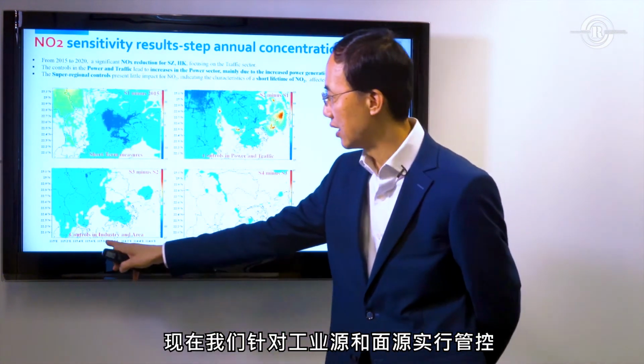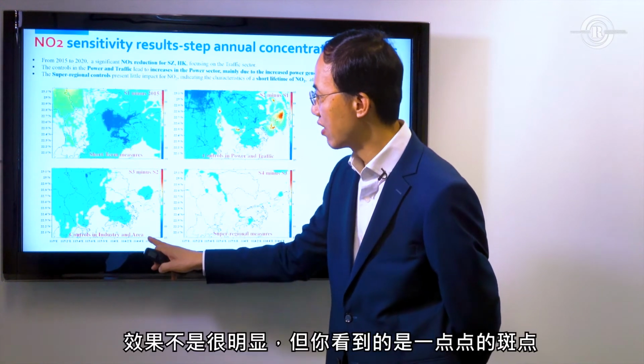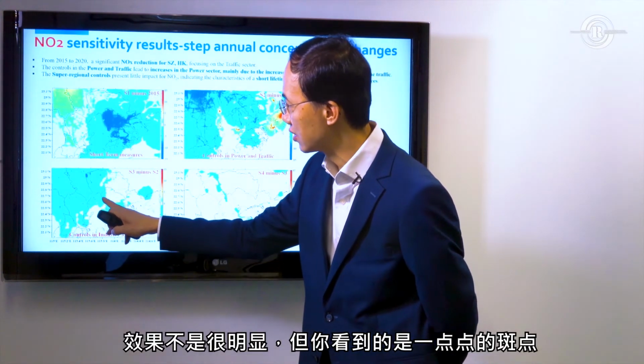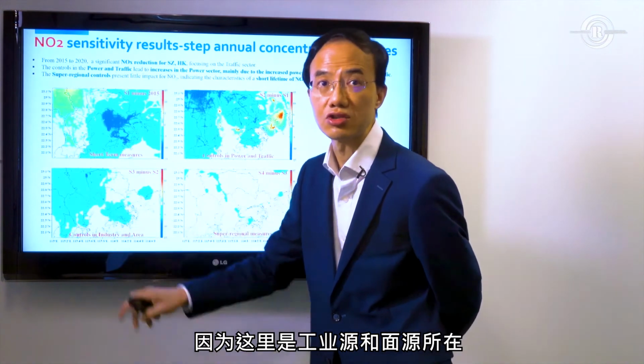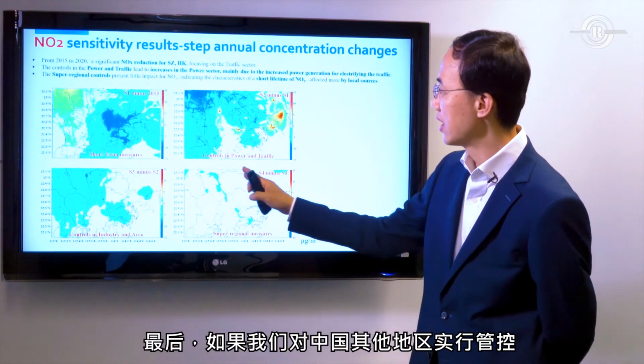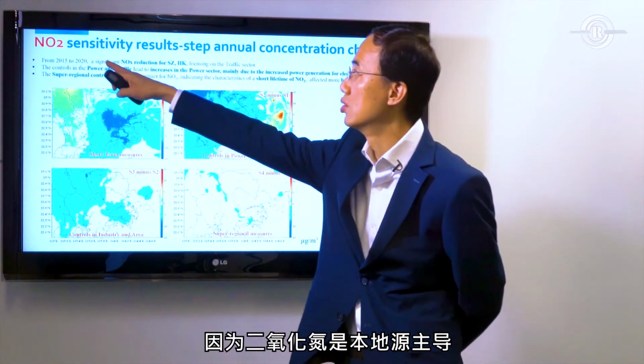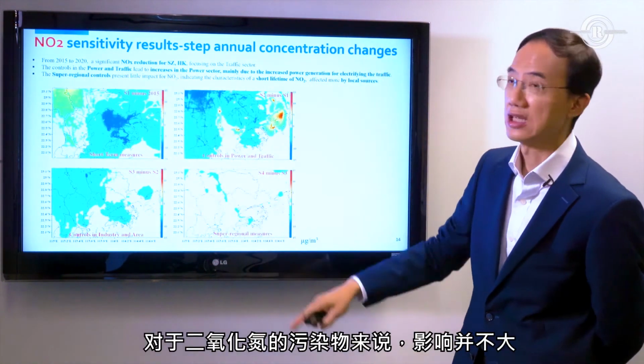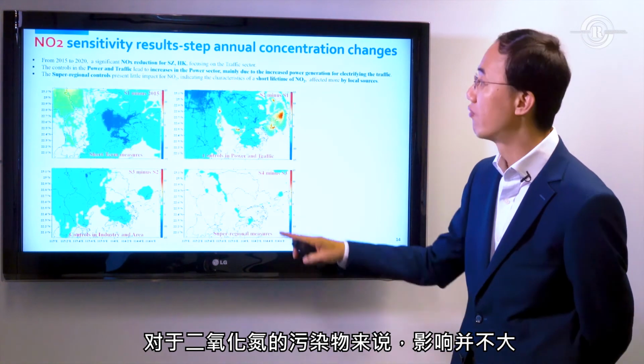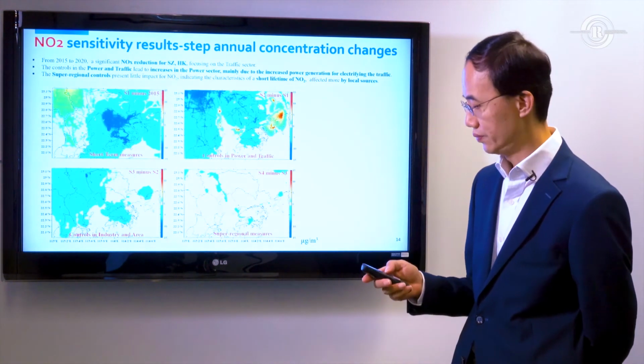If we do the industry and area source, it's not as effective, and you see it a little bit spotty because this is where the industrial areas are. And finally, if we do the control measure for the rest of China, because NO2 is from local sources, you can see the benefit is not that large for NO2.